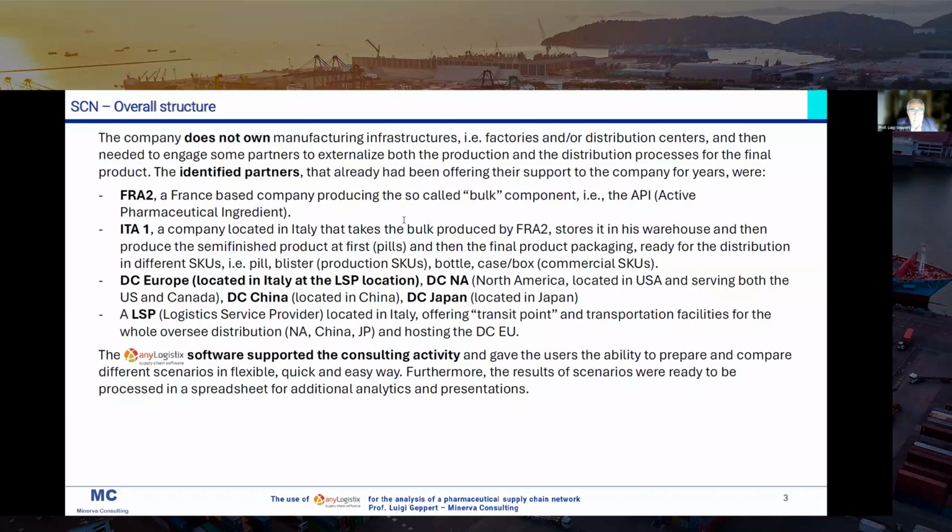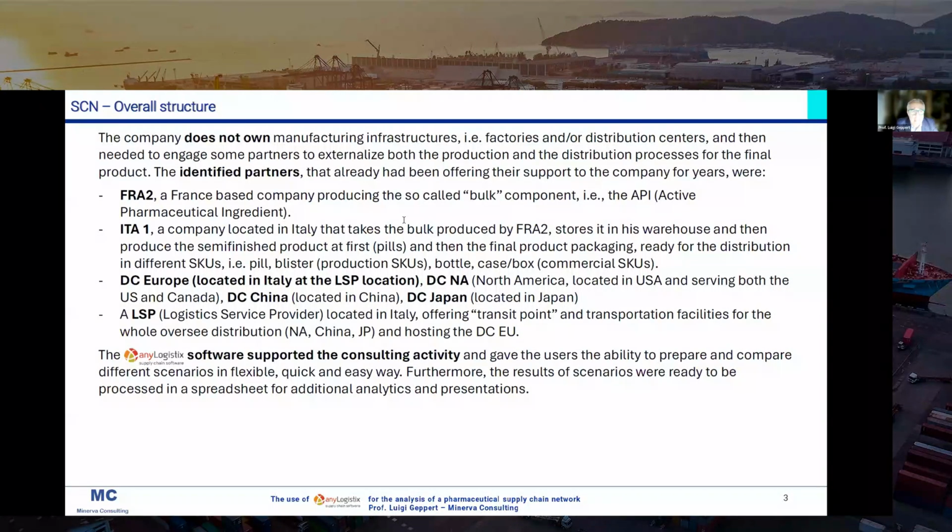And so they already identified the partners involved in the supply chain, which were companies from which they had already been receiving support. So the companies are another French company, producing the active principle, the so-called API. An Italian company producing the semi-finished product and the finished product as well.